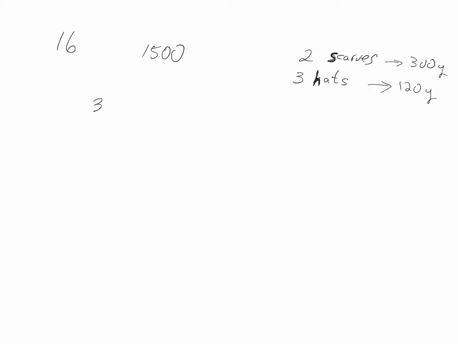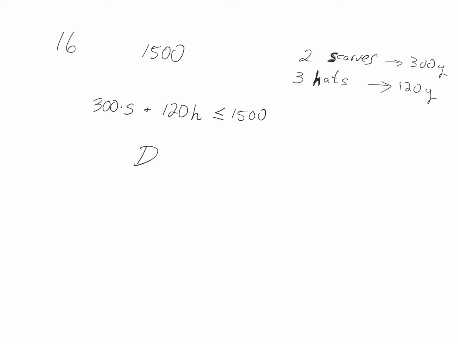So we're going to have 300 times S is how much yarn the scarves take, plus 120 yards per hat times the number of hats, which is H. And that has to be less than or equal to the total amount of yarn that we have, which is 1,500 yards. So what that does is it eliminates everything but D. So the answer is D.